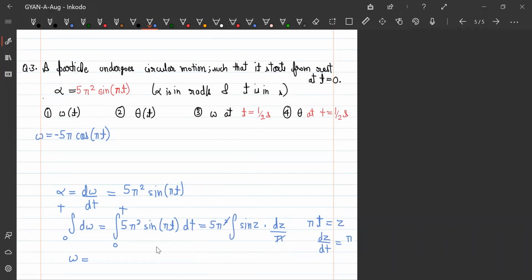So this will become omega is 5 pi, sin का इंटीग्रेशन हो जाएगा माइनस cos.